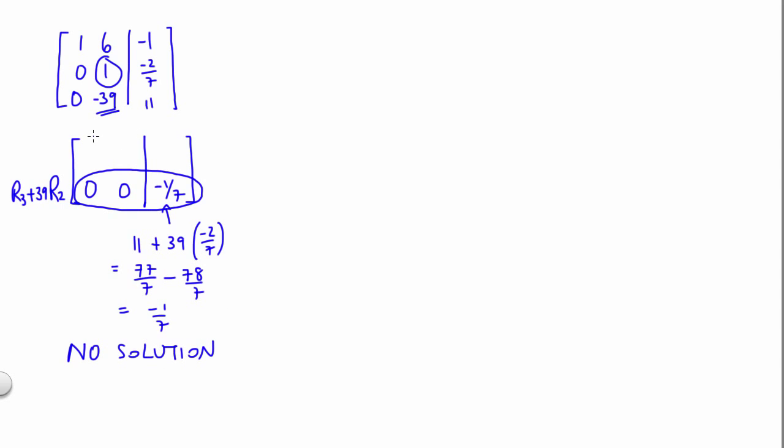Just for completeness, I'm going to fill in the top 2 rows here, although technically at this point they don't matter to our solution. So the system that we originally set up has no solution. That tells us that no, w is not in the span of u and v. We cannot find coefficients c1 and c2 so that w is a linear combination of u and v.